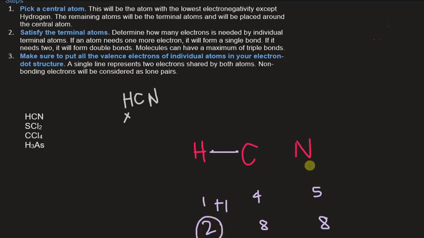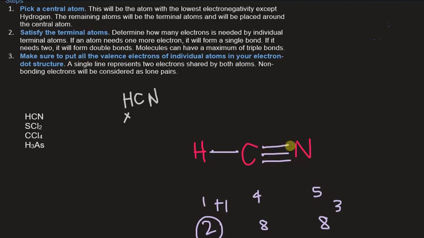Let's look at the other terminal atom. N has 5 valence electrons. It wants to have an octet, or 8 valence electrons. It needs 3 more valence electrons. So it reached out to carbon asking for 3 valence electrons, and the carbon shares 3 valence electrons.